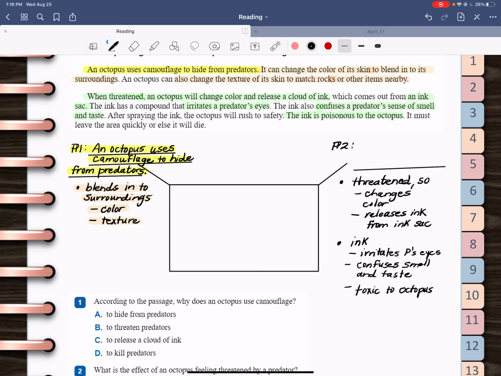So the main idea here is that an octopus defends itself with ink when predators come.